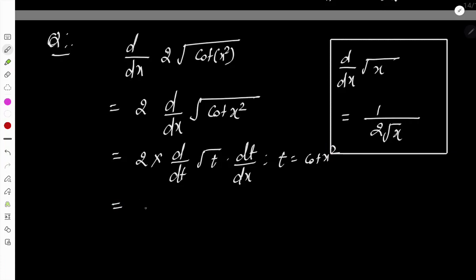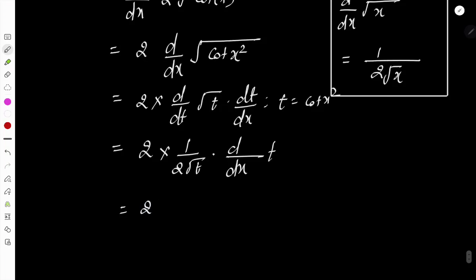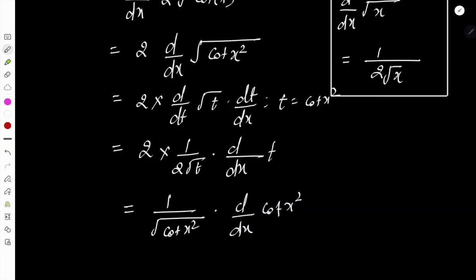So 2 into 1 by 2 root t into d by dx of t. Now substitute t here, 2 cancels 2, and it is 1 divided by root cot x square into d by dx of cot x square.